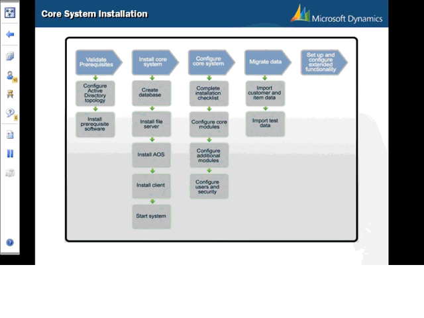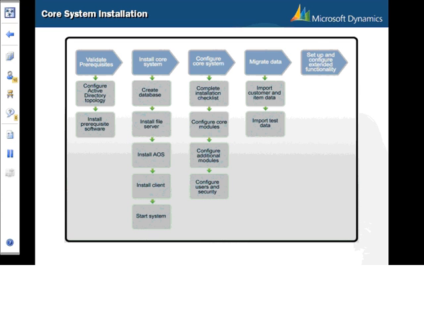First, very important, validate the prerequisite, that includes configure the Active Directory topology, install the prerequisite software that will include the SQL Server and Oracle. Then we'll follow by the install core system, which includes create the database, install file server, install application object server, which is AOS, install client, and start the system.